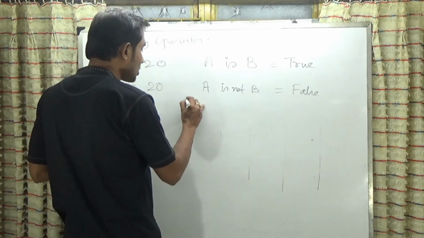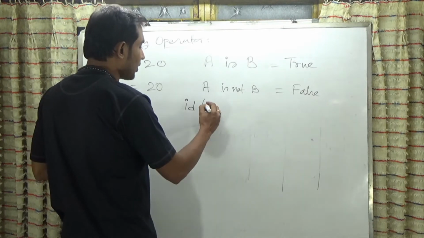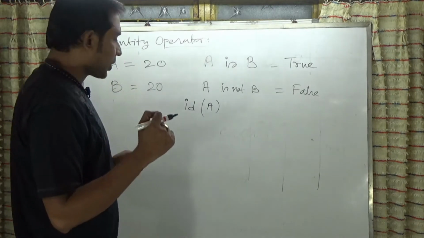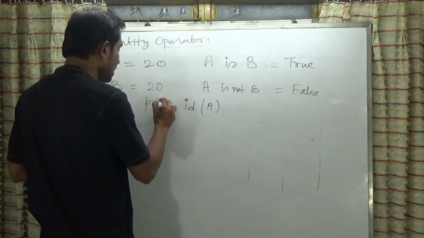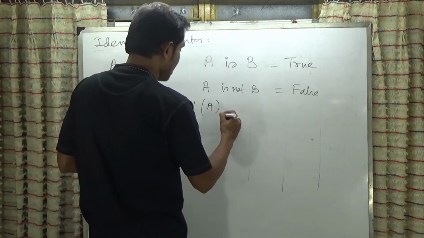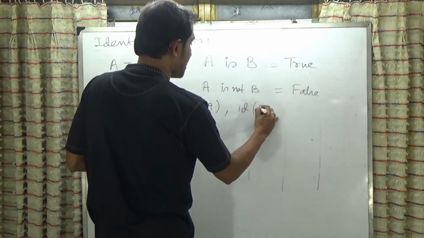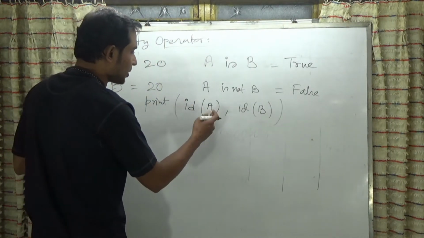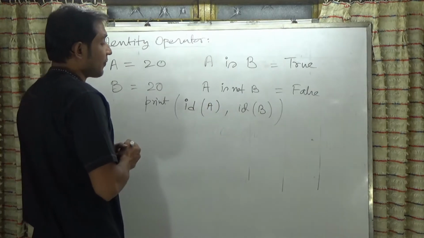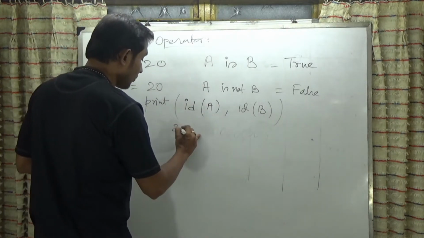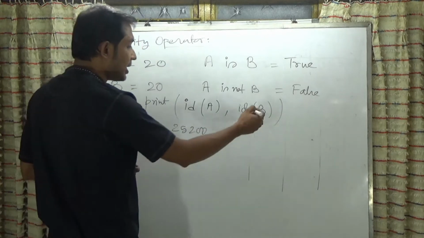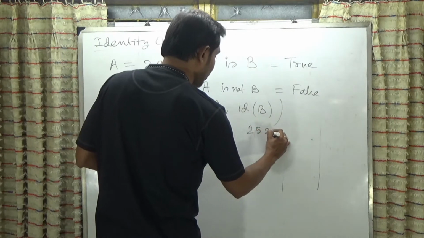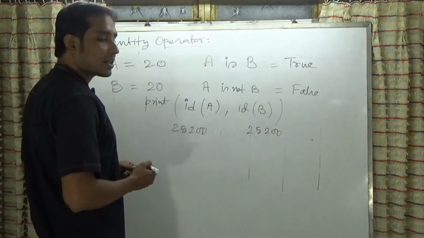If I use the function id, and within the brackets I write the operand or variable name, then it returns its memory location. Suppose I print id of A and id of B, and assume that the memory location for the variable A is 25,200, and the memory address for B is 25,200, then the memory addresses become the same.